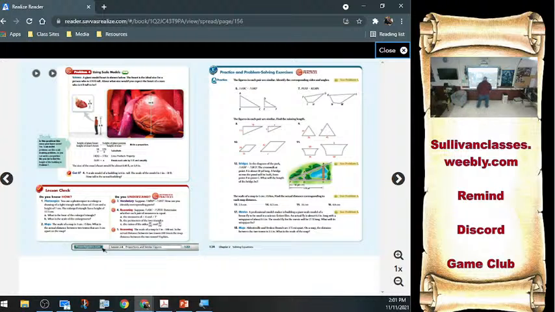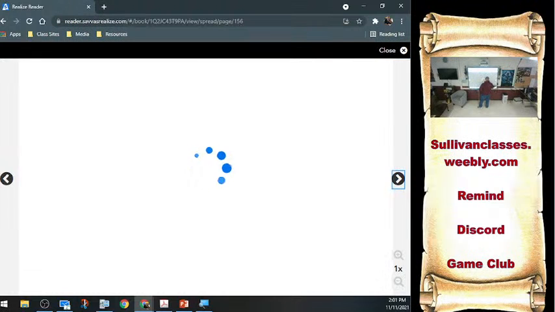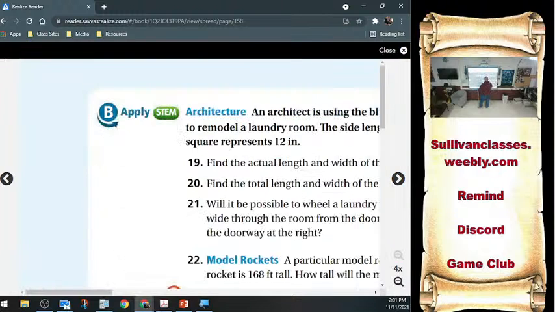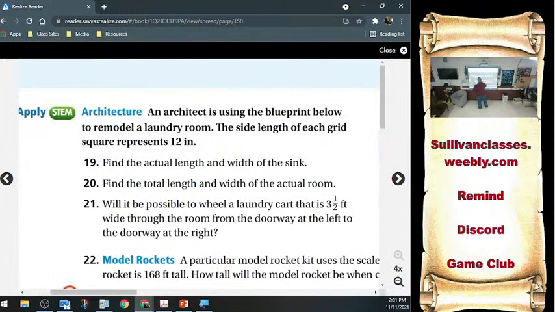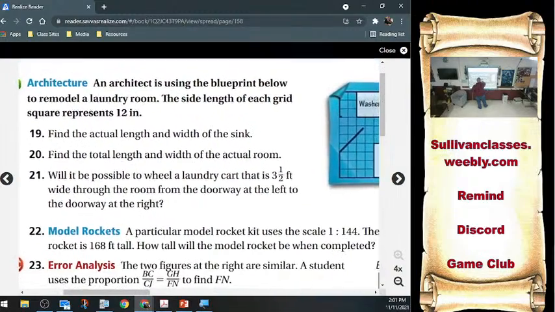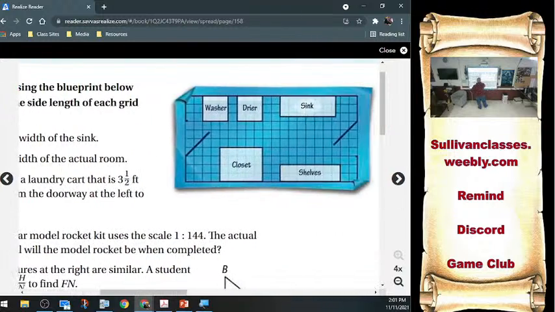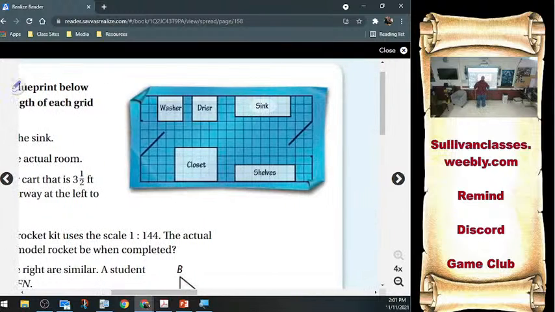Okay, 19, next page. Find the length and width of the sink. Each square represents 12 inches. Length and width of the sink. Well, if the sink right now is 1, 2, 3, 4, 5, 6 and a half by 1, 2 and a half.